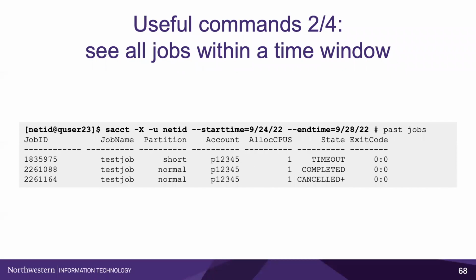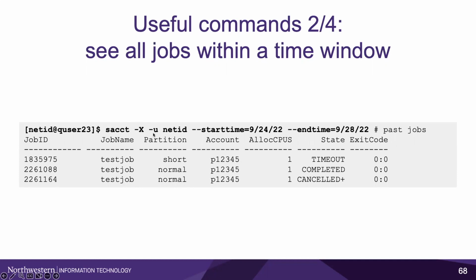The next command can be used similarly, but this is where you can see all jobs, including ones that are completed or failed or timed out or things like that, not only ones that are pending or running. And the command is saccount or SACCT. The way that you can use this command is by running saccount followed by -x.